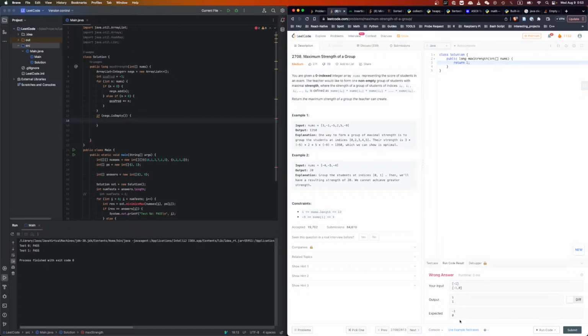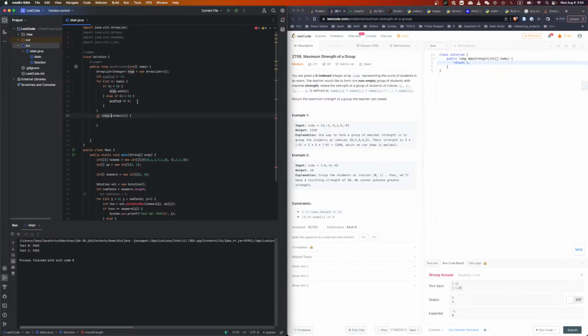All right, so if I don't have any negative, okay, then we need to first make sure. So we have negative, we have 0, we have positive, right? If I don't have any negative, or I don't have any positive, then it should be 0.